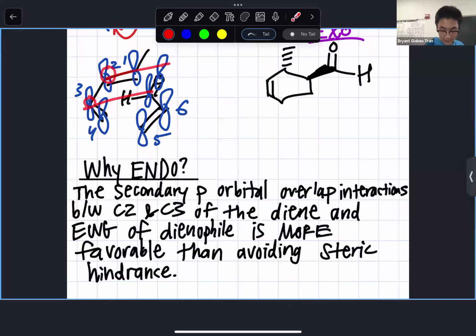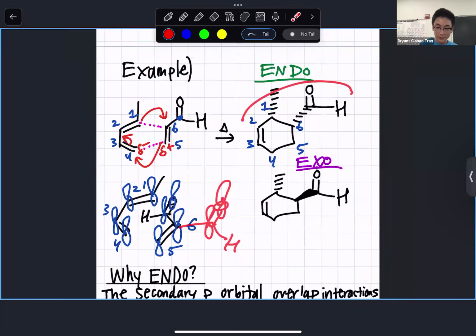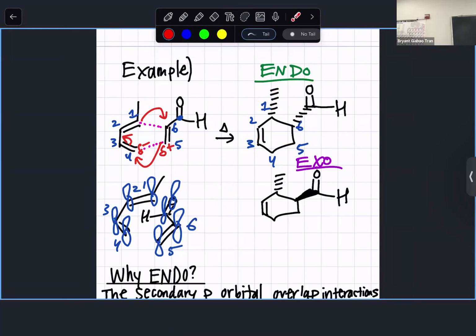If the electron withdrawing group was, let's say, here instead, facing away or trans to that group right there, the p orbitals would be too far away for resonance, too far away for overlap. Right? Which is why we prefer the endo product. We prefer these groups to be on the same side to increase p orbital overlap and conjugation or resonance, which beats that trans exo product.